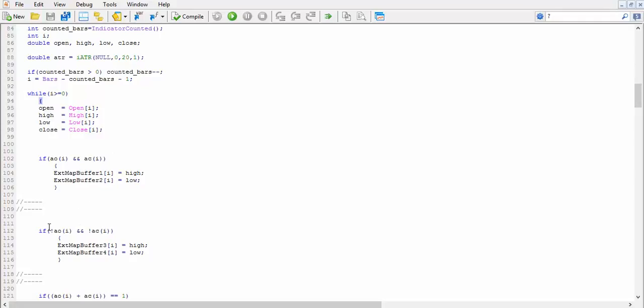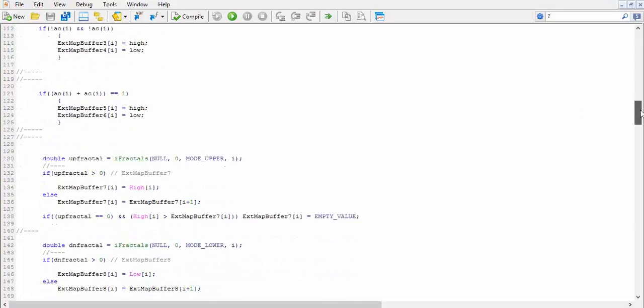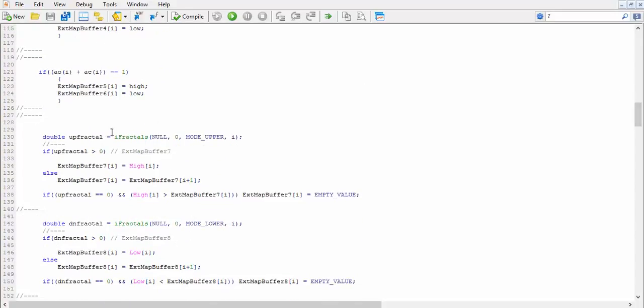If they are not going up, well then these work. That's all that is. Here's the fractals. Up fractal, upper, down fractal, down. This is where the little bitty arrow's created, right here. This is where it gets reset. This line here is where it gets reset. The other one gets reset.